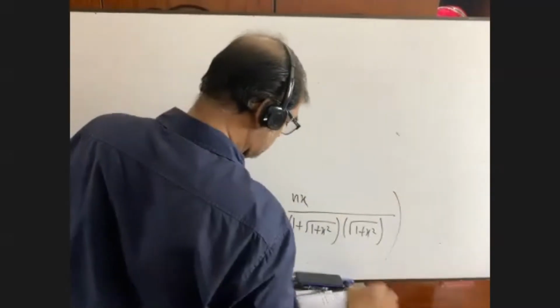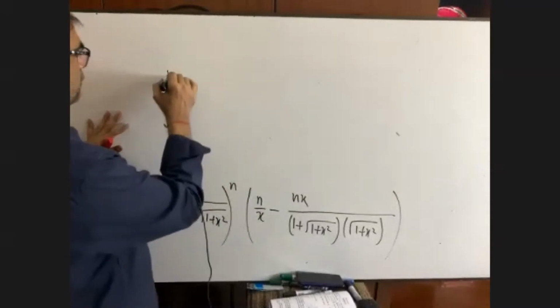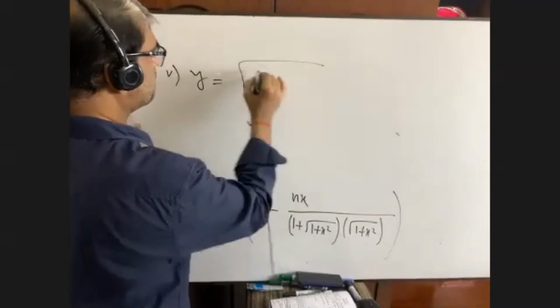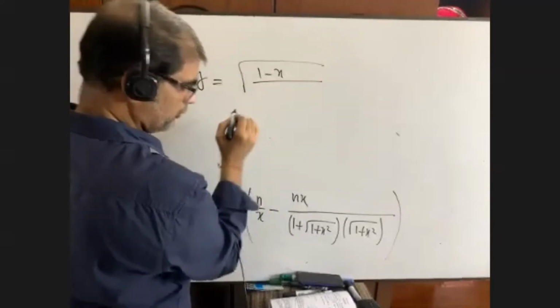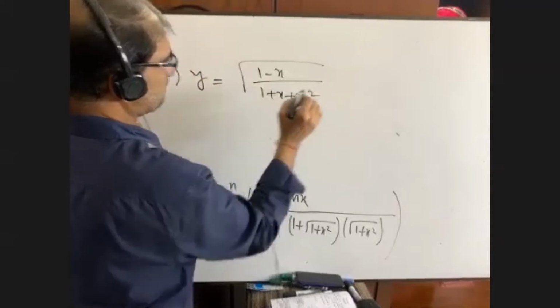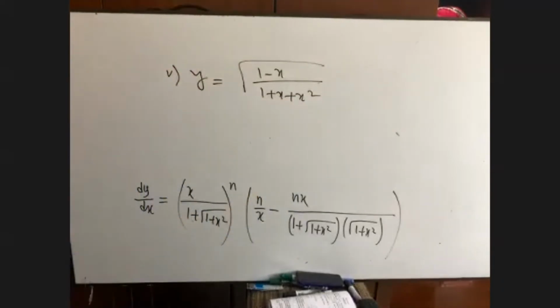Okay, only 2 maths you will do at home. Y is equal to root over (1 minus x) by (1 plus x square). You will do it at home. You will take ln.